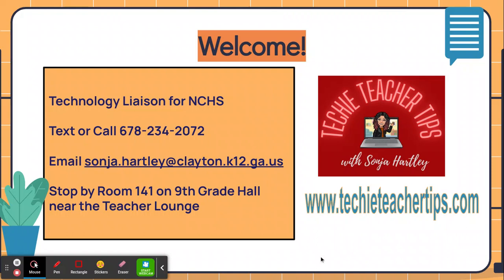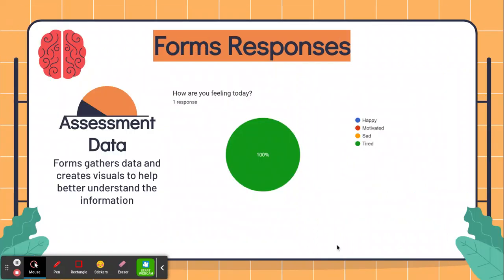So I want to go straight into today's topic and just see how you feel in general today. I'm not sure how long ago this was created, but I wanted to wait until I filmed this to see if we can look at the form responses and how they update.